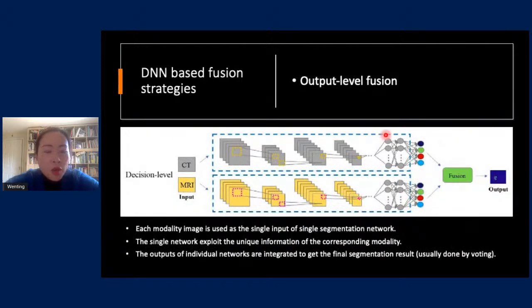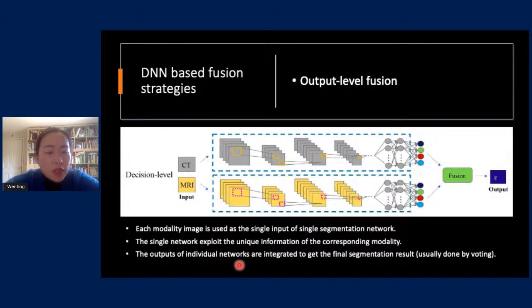The next group of strategy is output level fusion. For output level fusion, each modality has its own segmentation network. Each modality image is used as a single input for a single segmentation. The single network exploits the unique information of the corresponding modality.